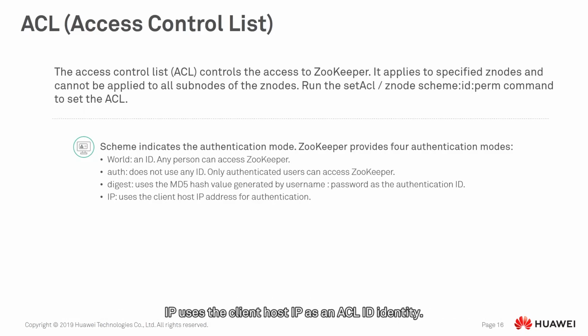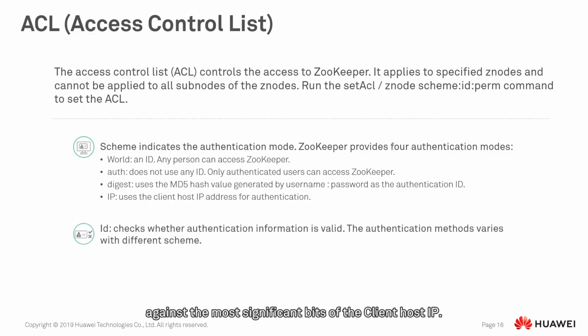IP uses the client host IP as an ACL ID identity. The ACL expression is of the form ADDR/bits, where the most significant bits of ADDR are matched against the most significant bits of the client host IP.